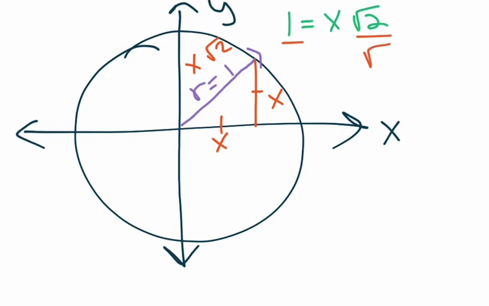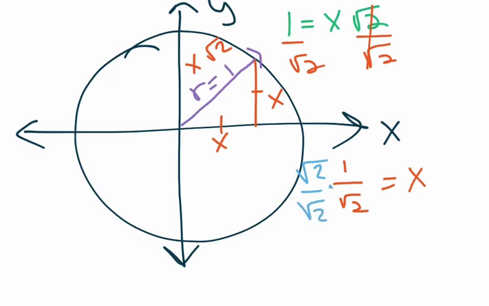We divide both sides by the square root of 2. That gives us 1 over the square root of 2 equals x. But of course, we don't typically like to leave radicals in the denominator, so we want to rationalize. That means that I'll be multiplying the numerator and denominator of 1 over square root of 2 by square root of 2.